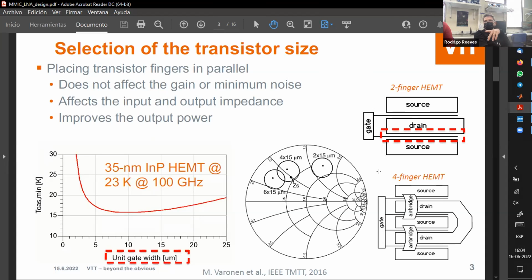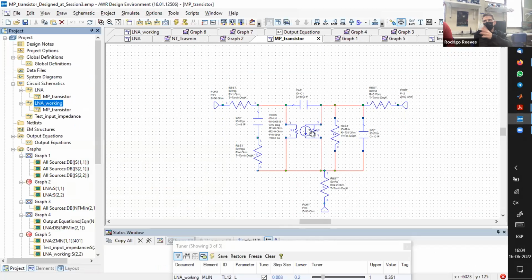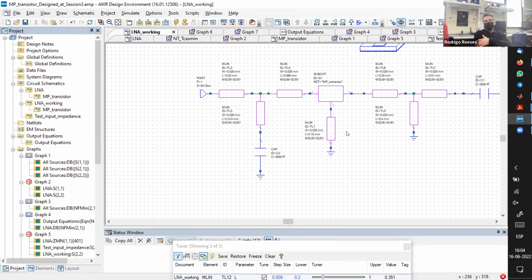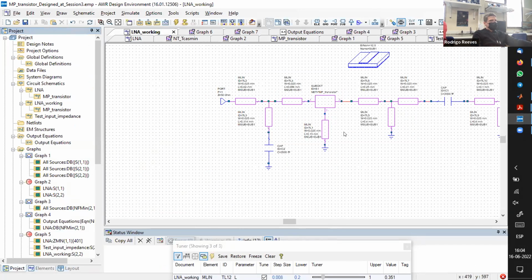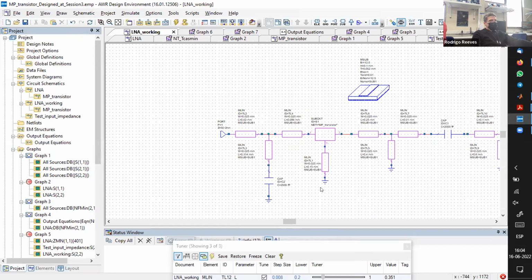But you are correct that this slide now shows the selection of the transistor. That is where you start. So once this is done, then we match the transistors and the element to get the minimum noise and try to get good amplification.